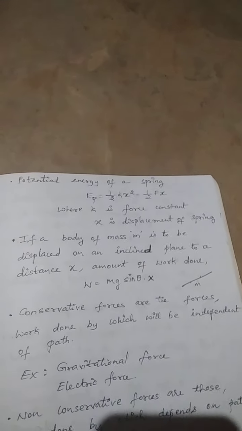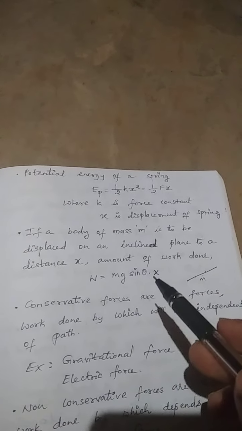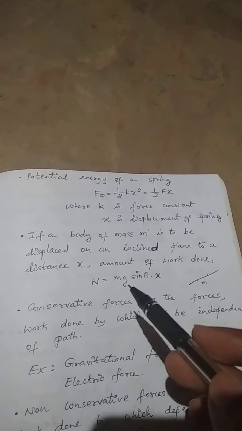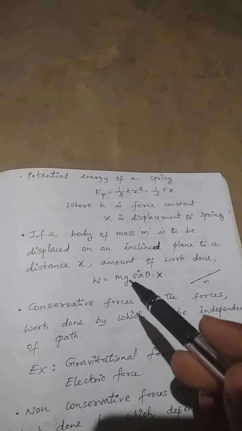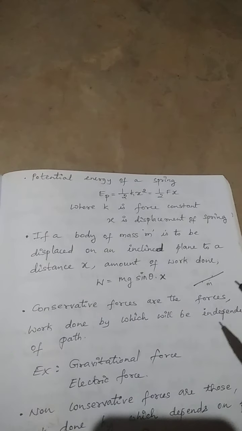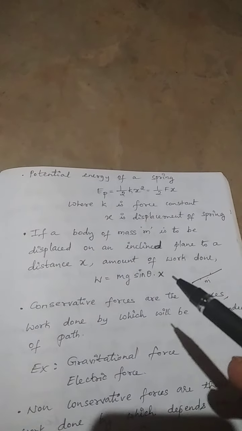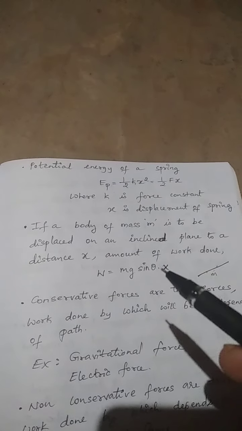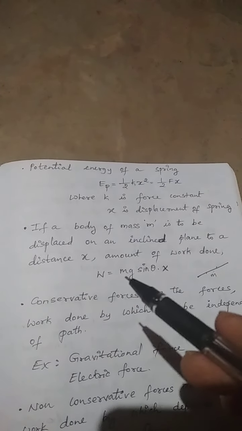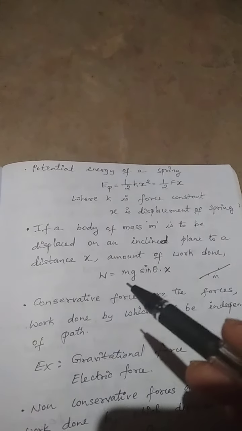So you have to do some work. You are displacing it. That work done is given by mg sin theta x. X is displacement. Mg, m is mass, g is acceleration due to gravity, theta is the angle between mg and the x. Mg is actually a force, x is displacement, mg sin theta is a vertical component of mg.